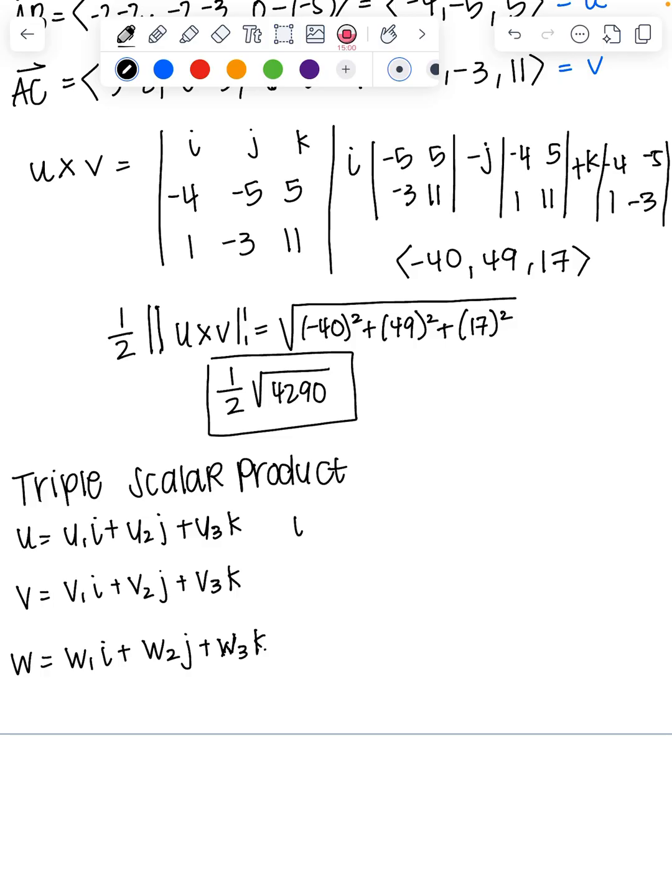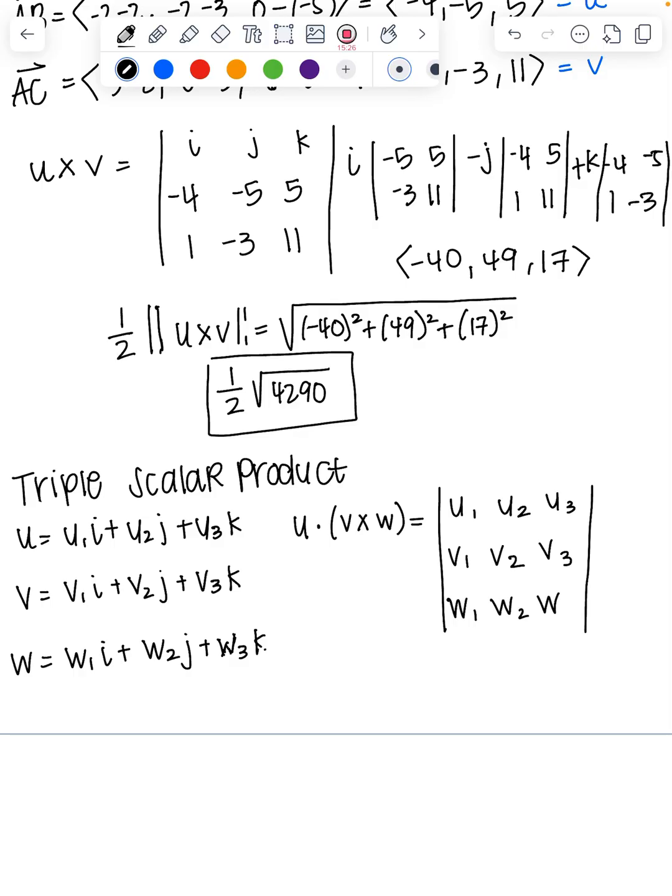All right, now, here's what we're going to do. We have U times the cross product of V and W. Okay, what that does is we're just finding U1, U2, U3. I have V1, V2, V3, and then W1, W2, W3.